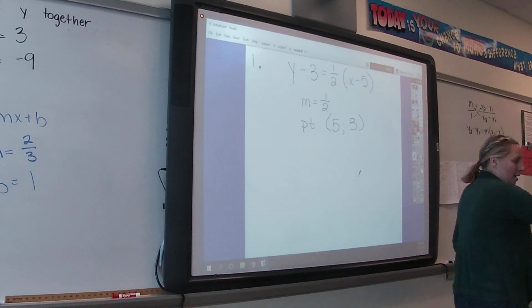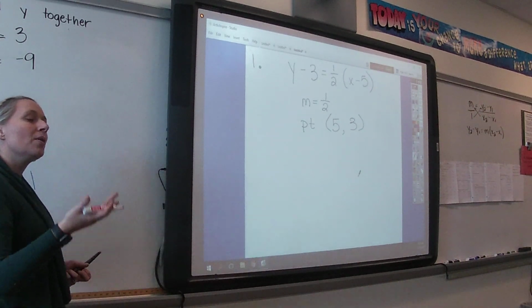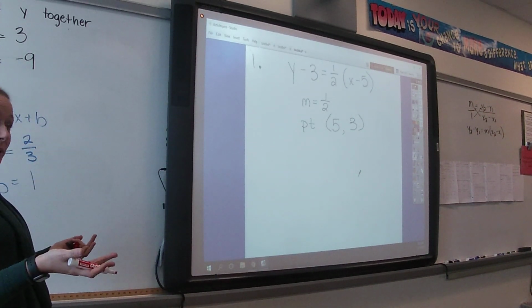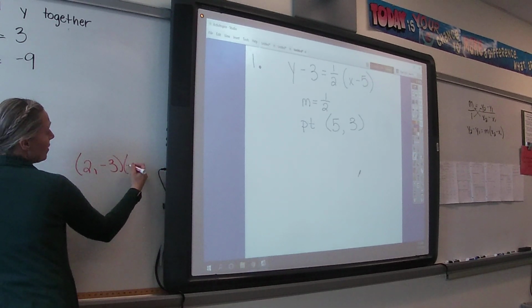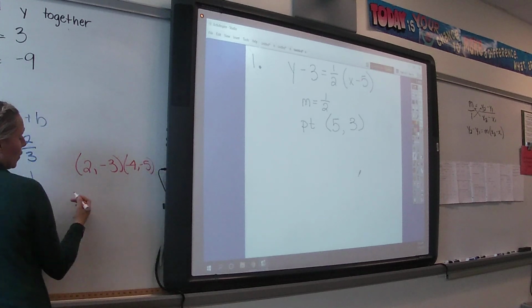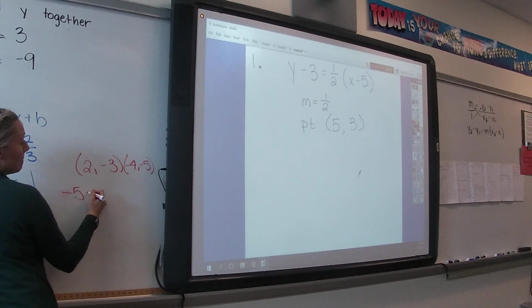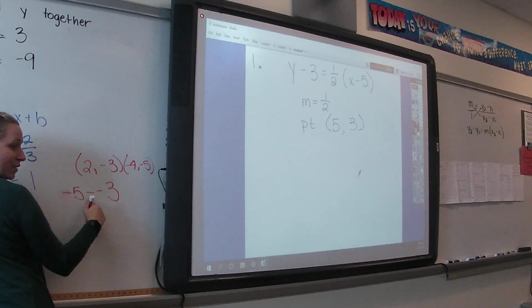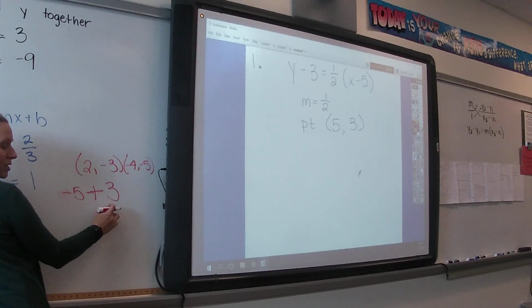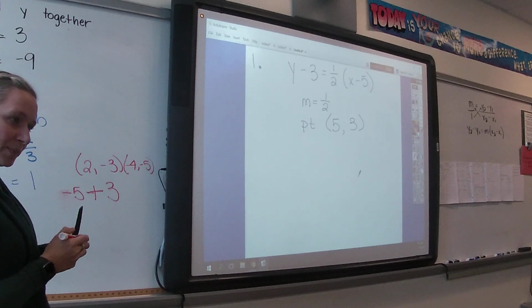The reason why it's opposite, my students usually are okay with this statement. So this is the y. If we were to plug into, for example, the slope formula, something like 2 comma -3 and -4 comma -5, right? We say -5 minus -3, and these two negatives become a positive. So even though it was a -3 here, it looks like a +3 down here because that double negative turns into addition.